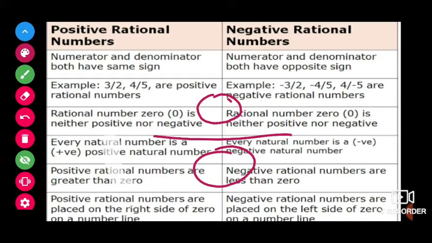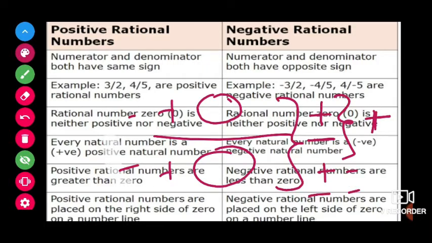I told you, if you remember, if both are positive or both are negative, then the result is positive. Both having the same sign, we consider it positive. If both have different signs, like plus and minus or minus and plus, then the result will be minus.